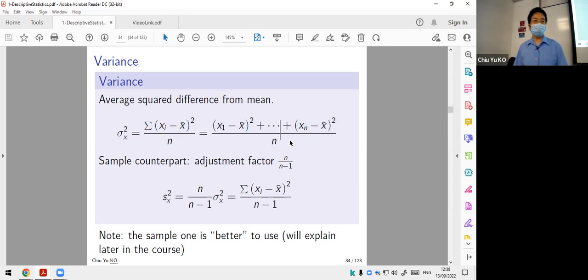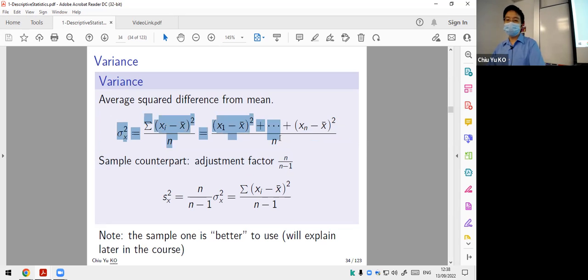Suppose the Hong Kong government wants to know things and they have data for every single one, then you calculate variance, this is the thing you need, right? Suppose the Inland Revenue Department wants to calculate the variance of income of everyone in Hong Kong, and actually they have the data. So that's why they can use this one.